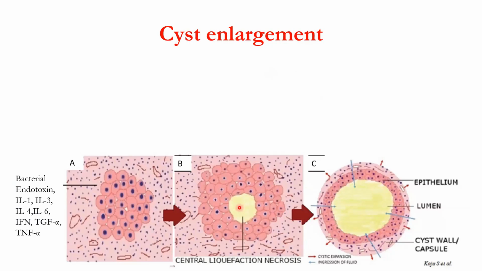So once the cavity is formed, there are several factors by which there is an enlargement of the cyst. Okay, and eventually that is lined by these epithelial cells which were around the cavity, and the connective tissue wall around it, to complete the cystic picture.